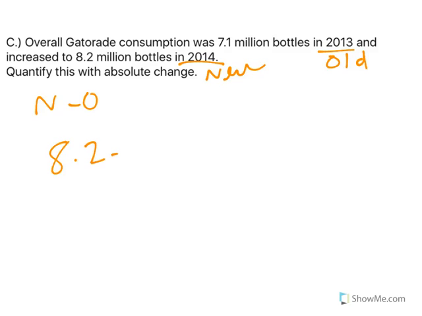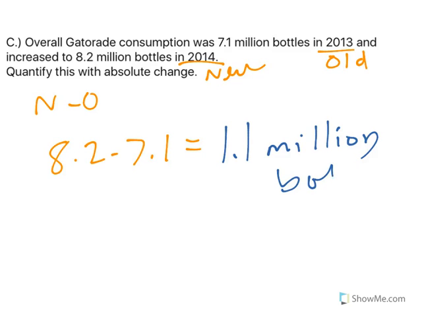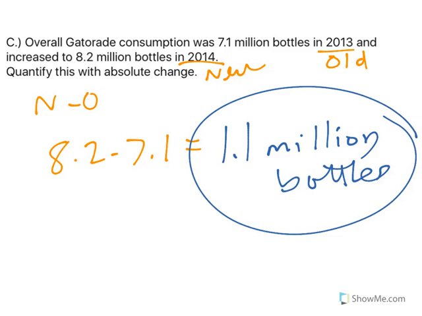So 8.2 minus 7.1, that means I have a difference of 1.1 million bottles. So you could say there was an increase from 2013 to 2014 of 1.1 million bottles in terms of overall Gatorade consumption, right? Make sure when you're talking about your answer that you're giving details and you're using descriptive words so that we all know what we're talking about.